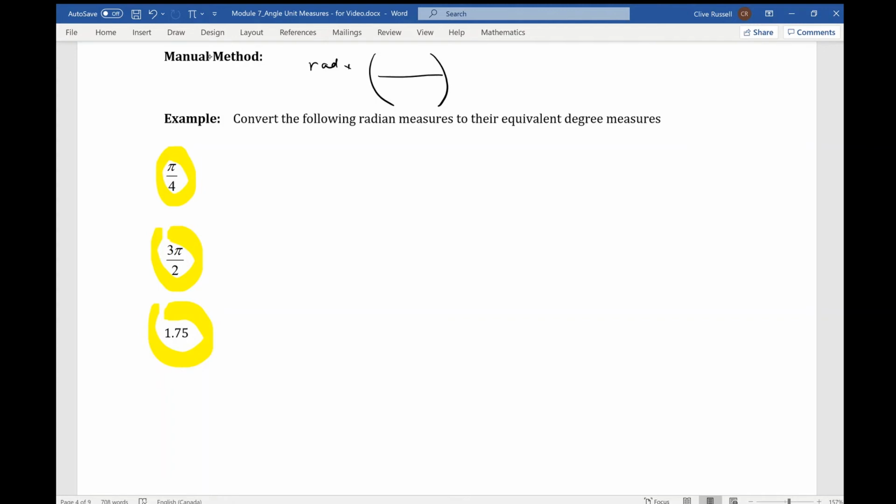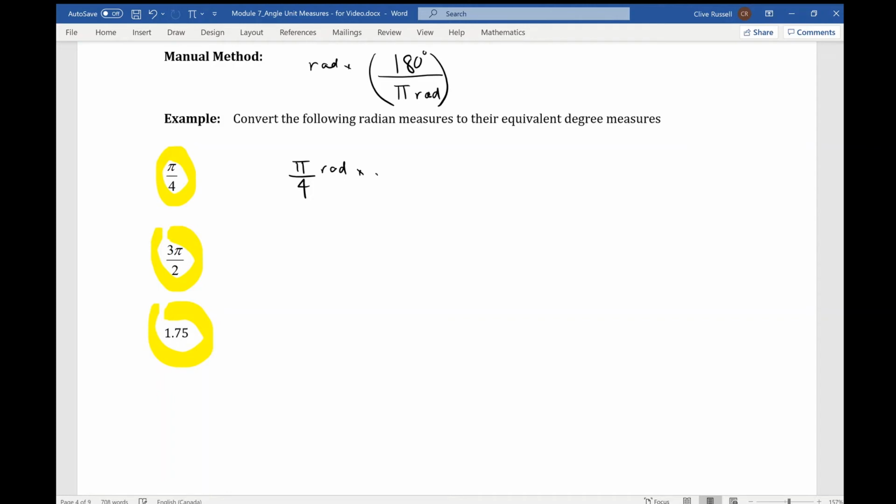If you're given radians, we simply multiply by the unit factor. Now we have radians in the numerator, so we want our pi radians here and the 180 degrees there. All right, so that's the factor. So in this case, we have pi by 4 radians.